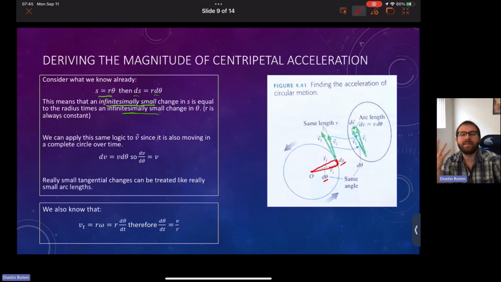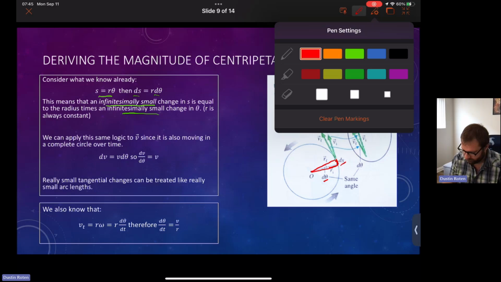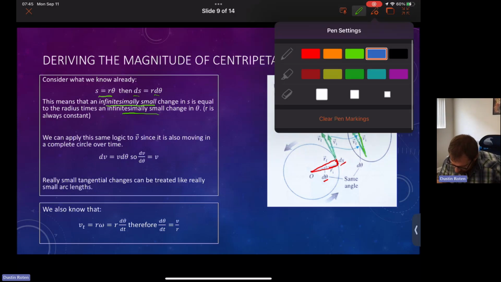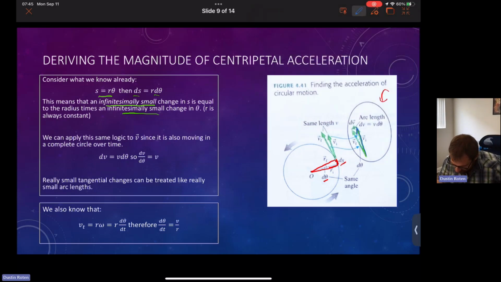Now we can apply this same idea to velocity. So you can think about it in terms of, okay, we have a final velocity and an initial velocity. When we slide those vectors together to do the tip-to-tail method, as you can see here in this little inset in the figure, again, because of geometry, the angle between these two vectors is the same.